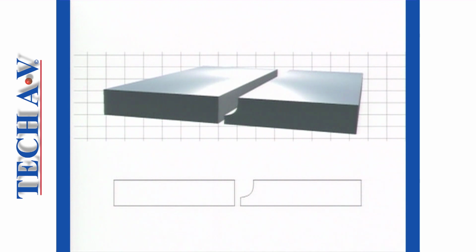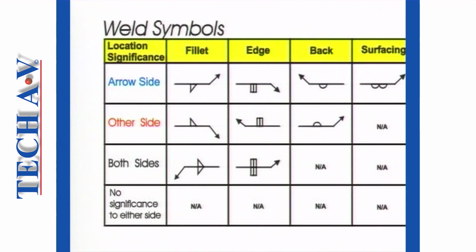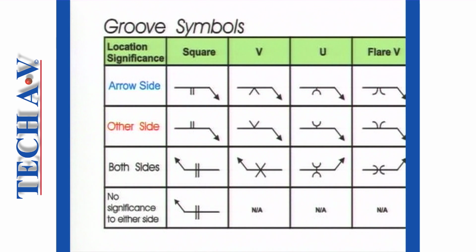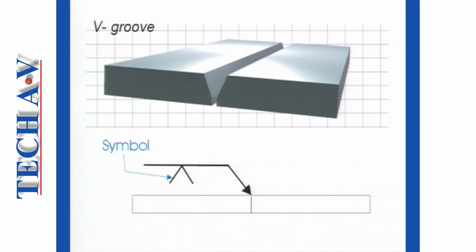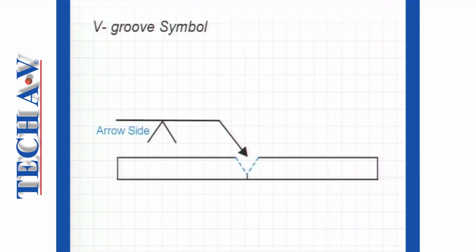When dealing with groove welds, the weld type symbol is replaced with a groove symbol. This example illustrates the groove type symbol for a single V-groove. As before, the rules regarding the side of the joint will apply whether a weld symbol or a groove symbol appears.